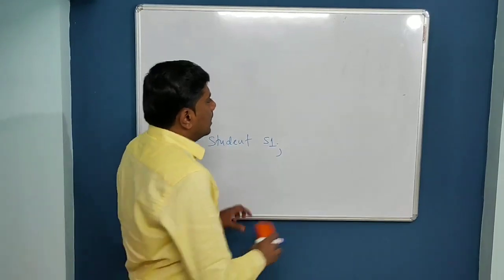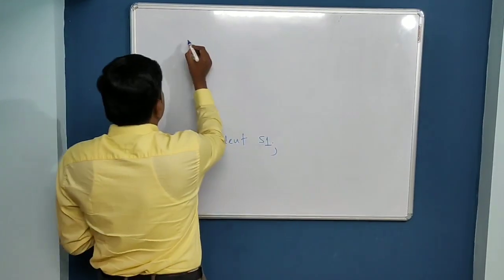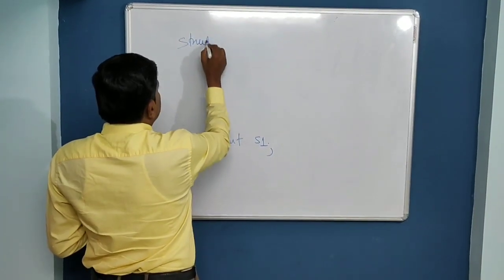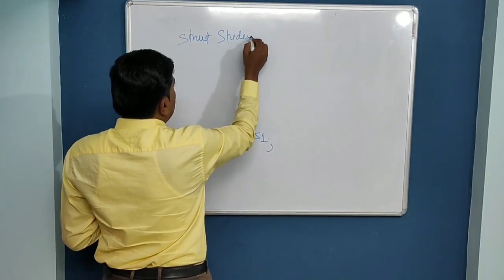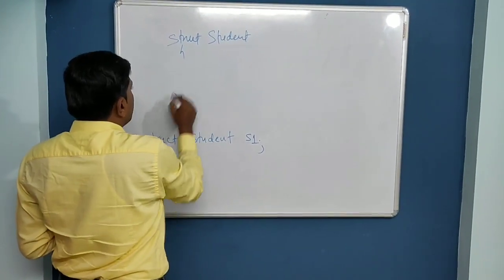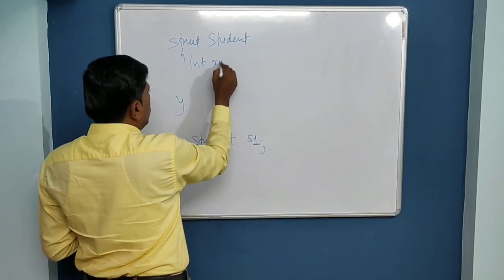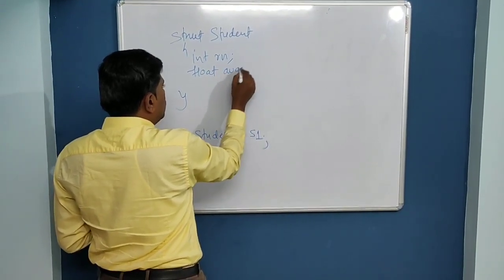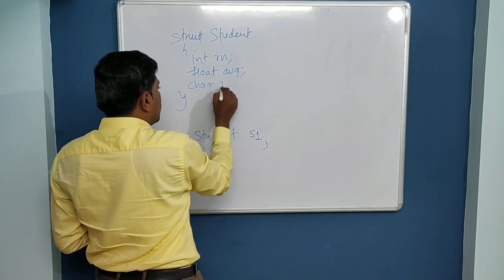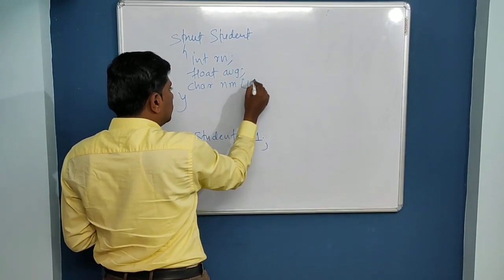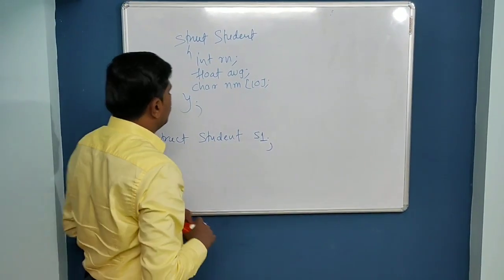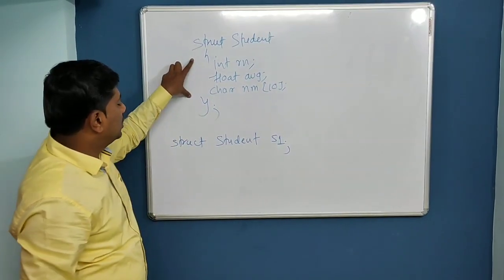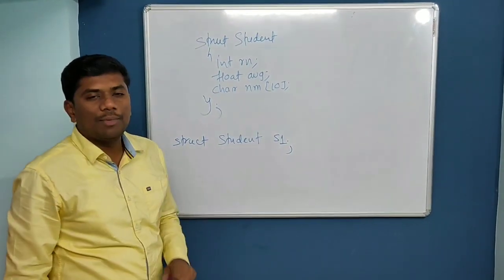Now see, we have already defined student structure like this: struct student, int roll number, float average, and then char name 10 in semicolon. So this is structure definition and this is structure variable declaration.